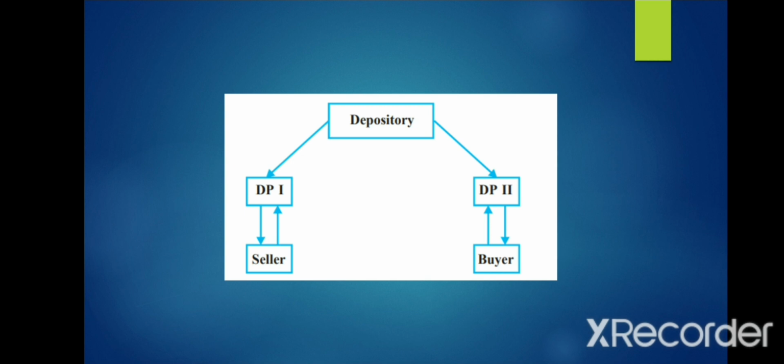Transferee, that is the buyer, will receive the credit of the securities through his depository participant into the buyer's account after confirmation from depository to the depository participant. The funds or money will be paid by the buyer to the seller directly.